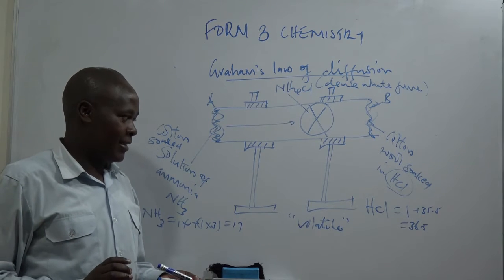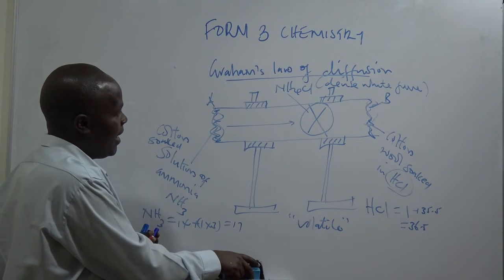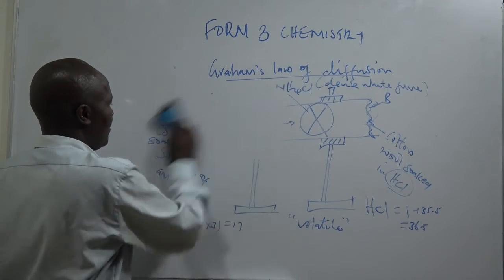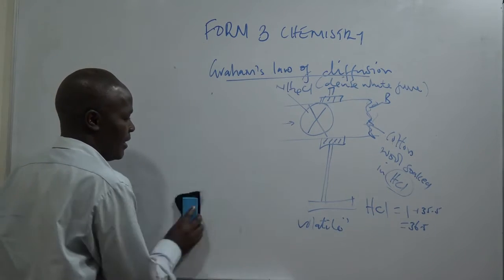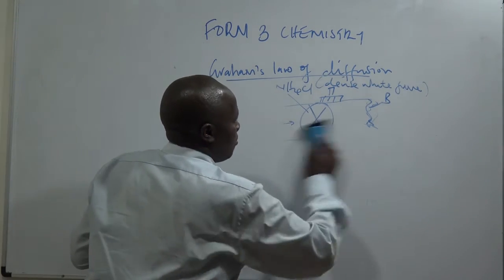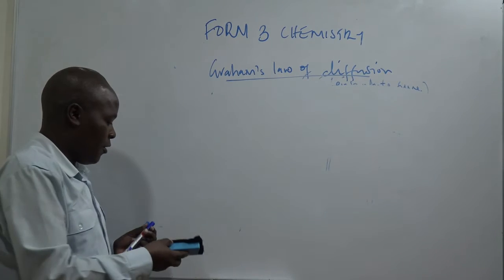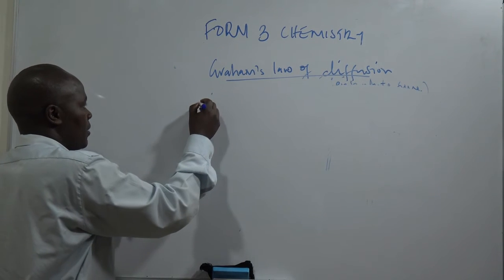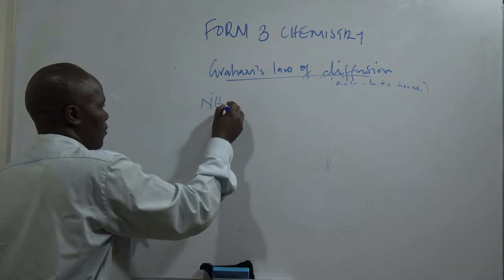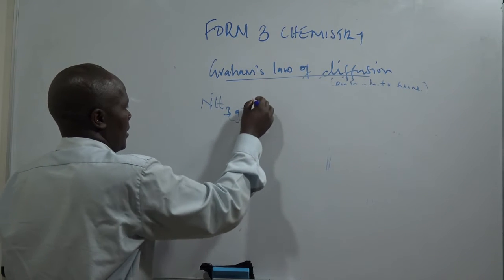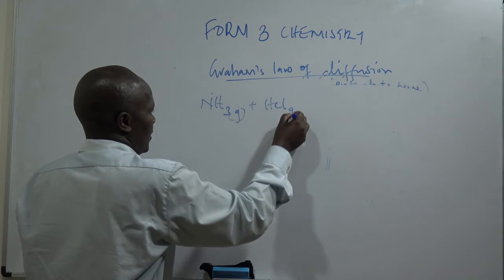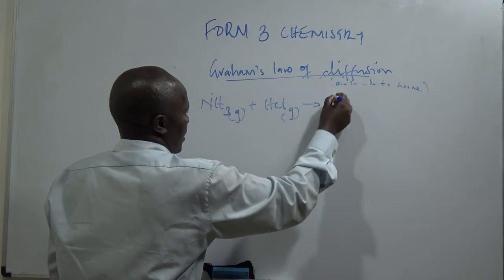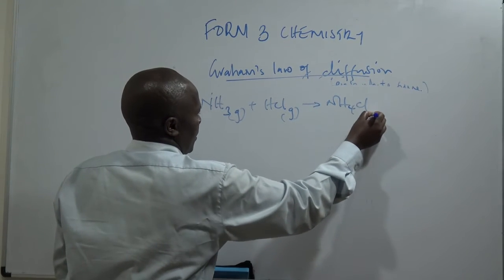of those particular gases. So that if ammonia and hydrogen chloride gas are diffusing in the tube, then what is formed that can help us explain the rate of diffusion? We write the equation of the reaction of ammonia gas reacting with hydrogen chloride gas, and this one gives us ammonium chloride solid.